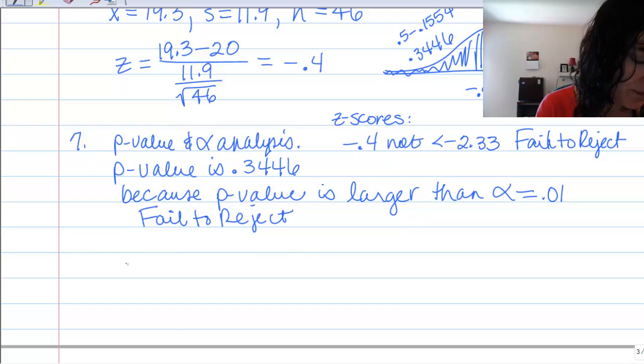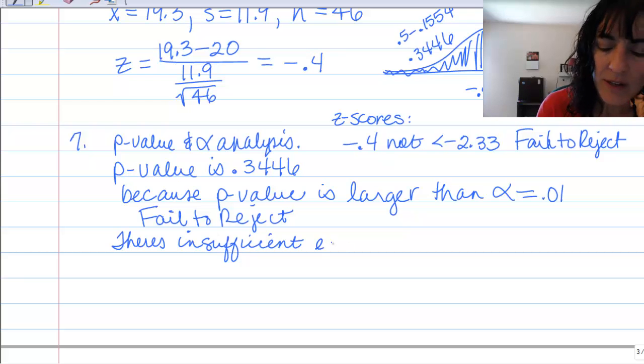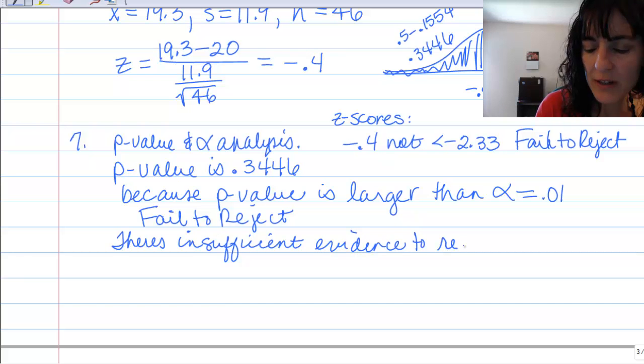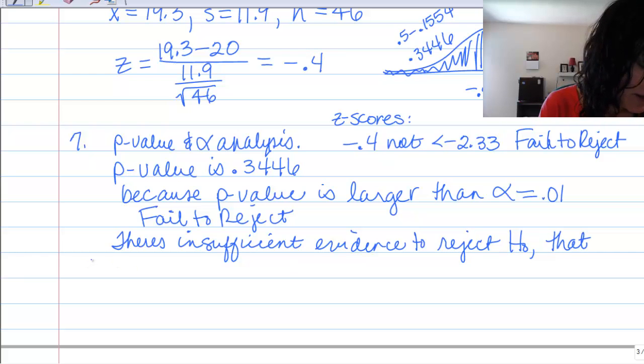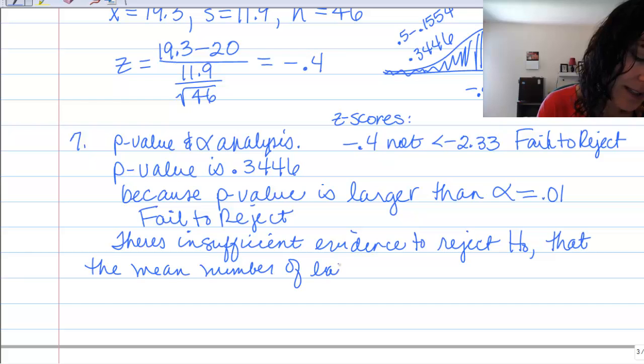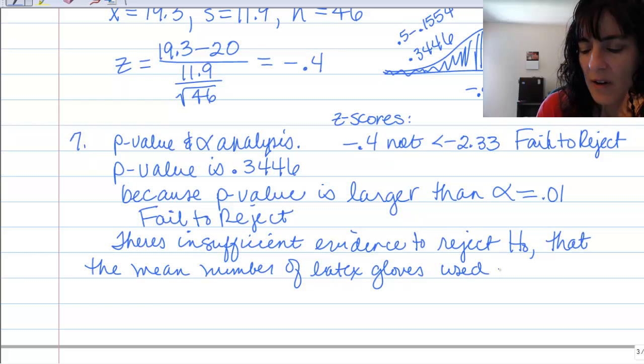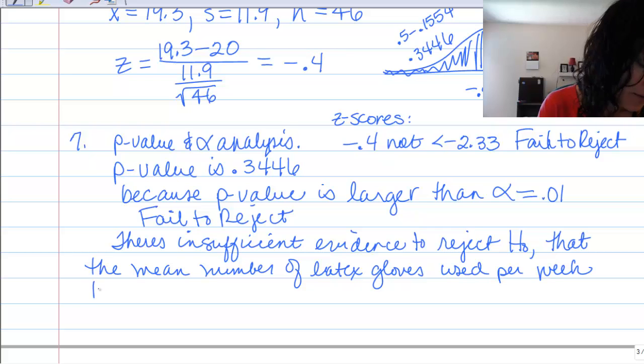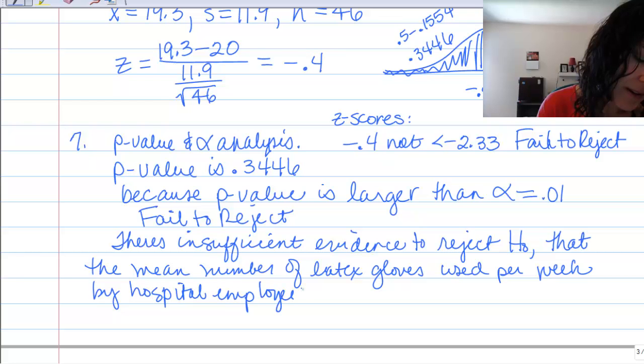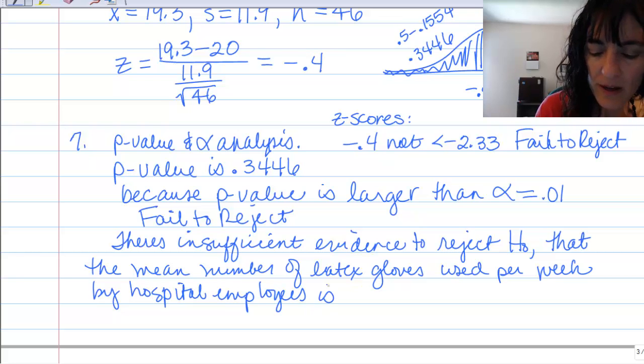We'll say there's insufficient evidence to reject H0 that the mean number of latex gloves used per week by hospital employees is 20.